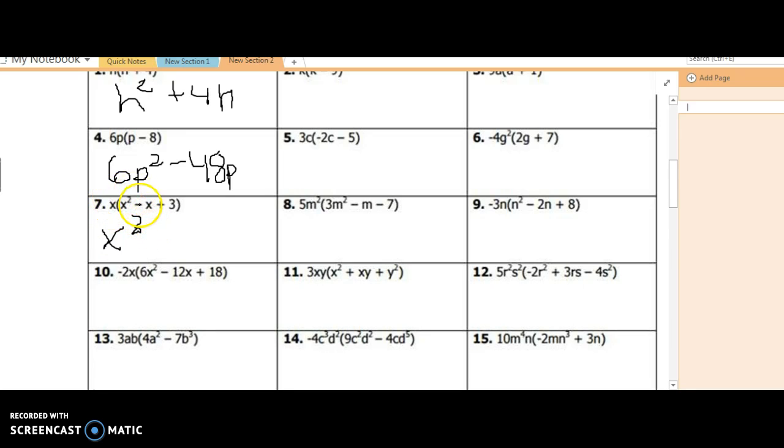And then x times negative x is going to give us negative x squared. And then x times 3 is going to give us plus 3x.